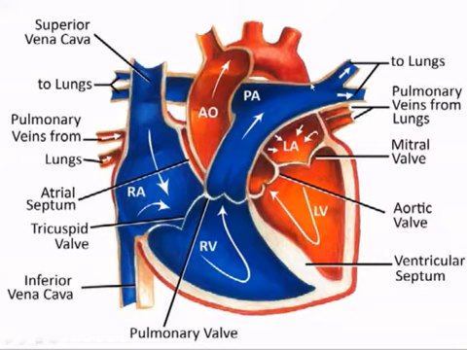From the lungs you have pulmonary veins, again coming back to left atrium and then to the left ventricle, and from the left ventricle the oxygenated blood is going to the different parts of your body through the aorta. So this is the overall view of how the blood is flowing through your heart.